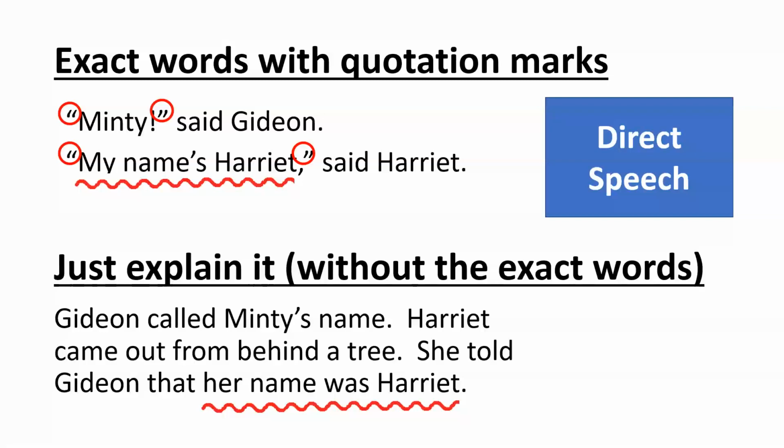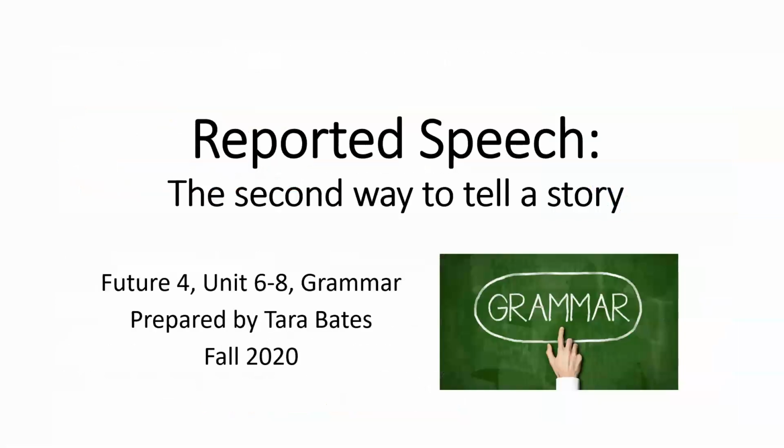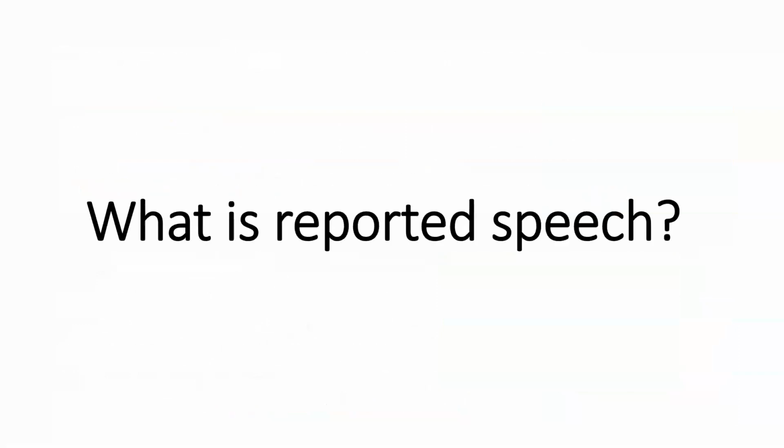And this second way, where I write it in my own words, or I explain it, but I'm not being exact, that's called reported speech. So direct speech and reported speech, these are both correct, but they're just two different ways of telling a story.